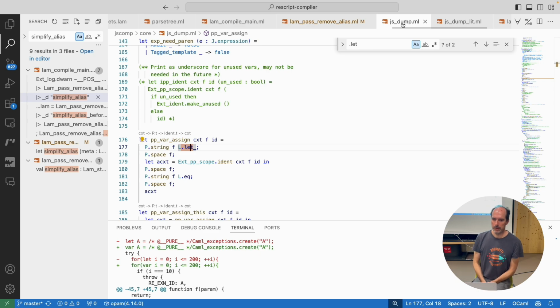So this is the various layers: untyped, typed, lambda, and then dumping the code in the end. So that's kind of the vertical cut through the compiler.